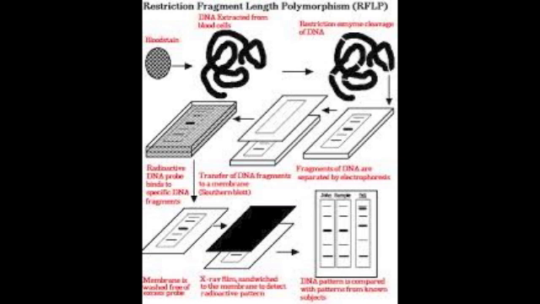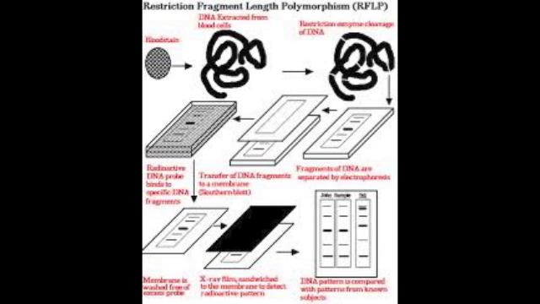The steps of the RFLP are that first of all, the DNA is extracted from the blood cells, and then the restriction enzymes cut the DNA according to its size, and then fragments of DNA are separated by electrophoresis, and then the DNA transfers its fragments onto a membrane, and then a radioactive DNA probe binds specific DNA fragments.